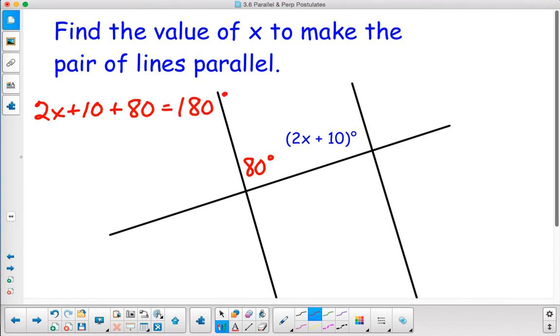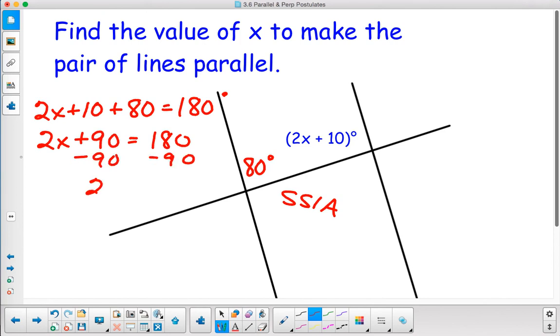They have to be supplements because they are the same side interior angles. So I'm going to just combine, make that a 90, subtract 90, and divide by 2, x is 45.